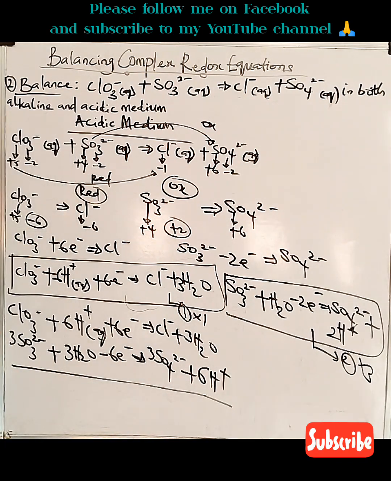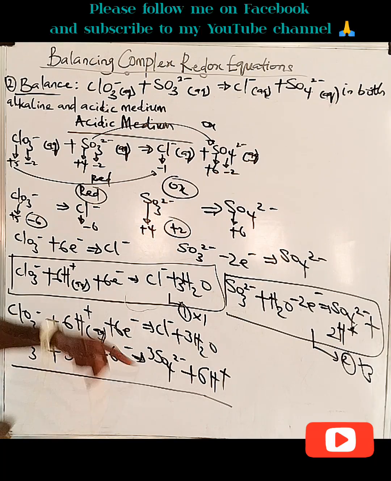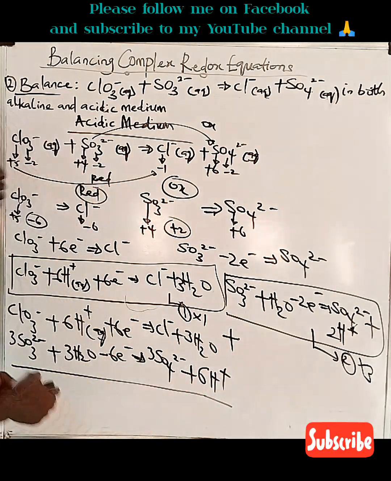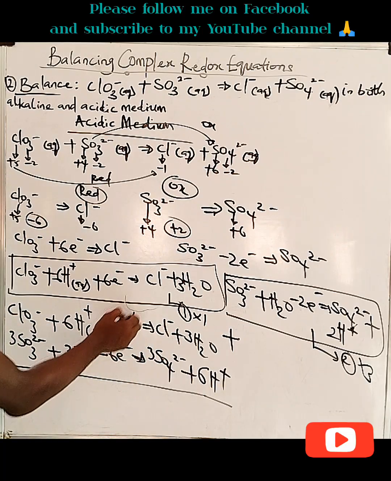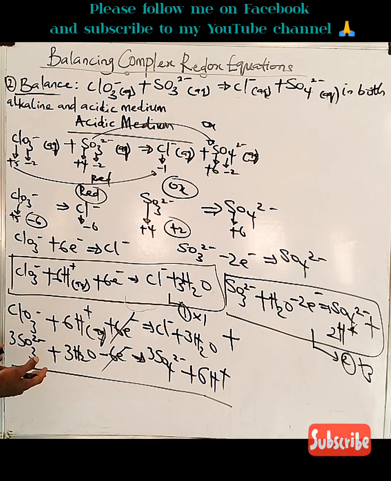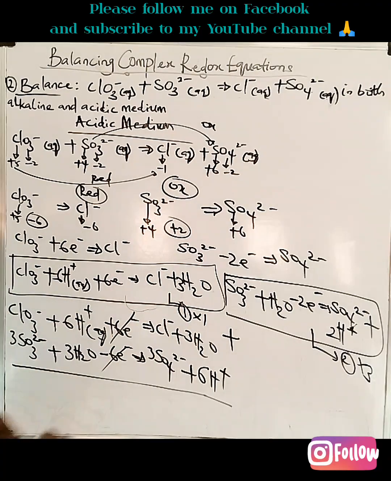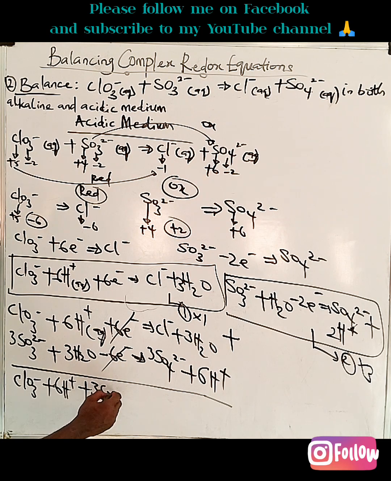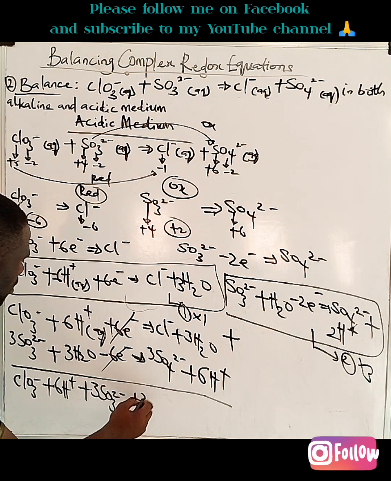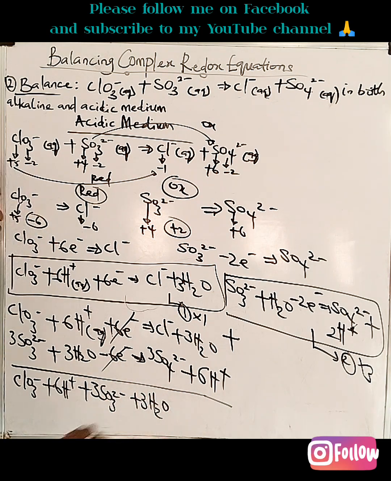So for us to eliminate this, 6 electrons, that's nice. Plus and minus, minus. We're going to add to it the opposite sign, which is plus, to eliminate this. So plus 6 electrons, plus minus 6 electrons, electrons go out. So we're going to add up all this in the reactant end and all this in the product end. So what do we have? We have ClO3 minus plus 6 hydrogen ion, then plus 3SO3 2 minus plus 3 water molecules, 3H2O.